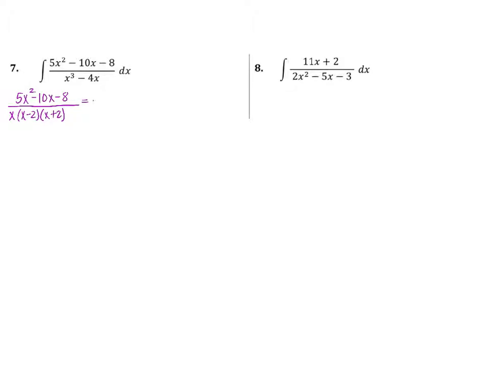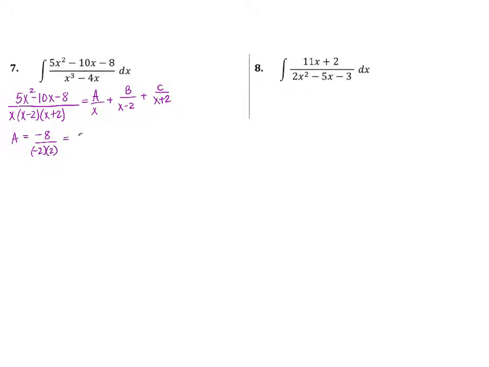And again, we are separating this out, a over x plus b over x minus 2 plus c over x plus 2. And to find out our values for a, we need to plug in a 0, so that's going to give us negative 8 over negative 2 times positive 2.